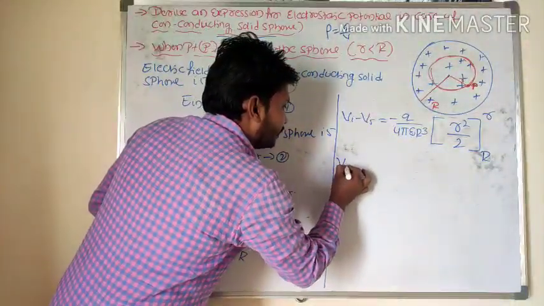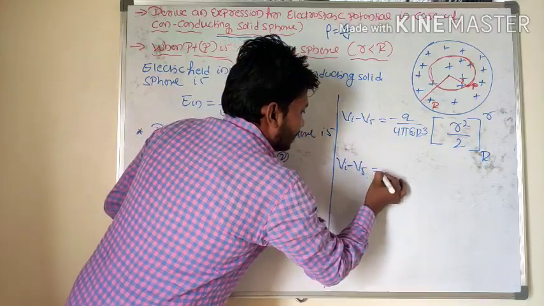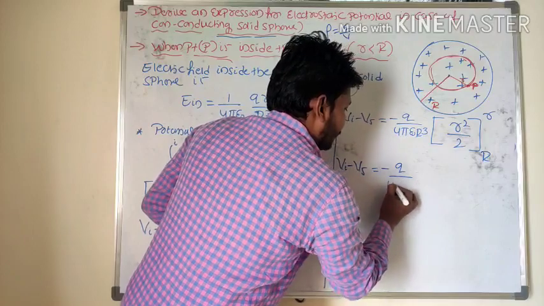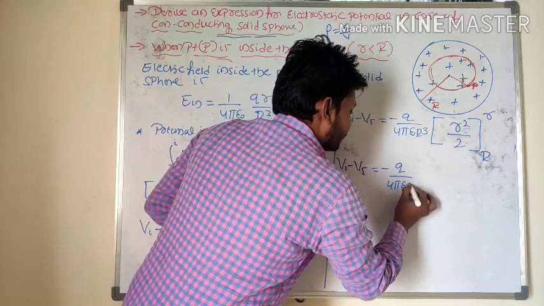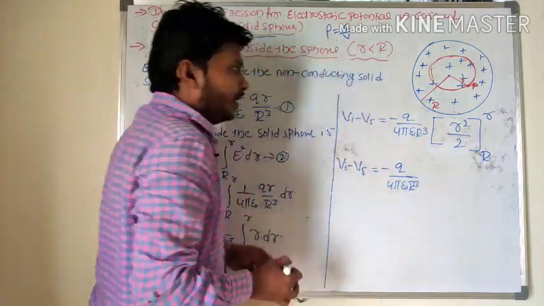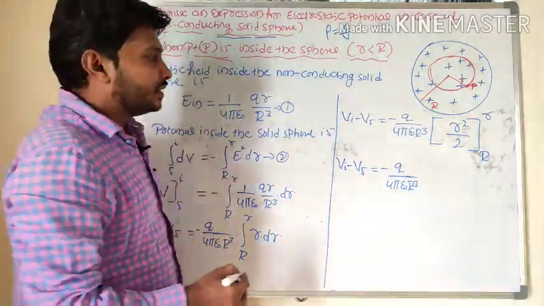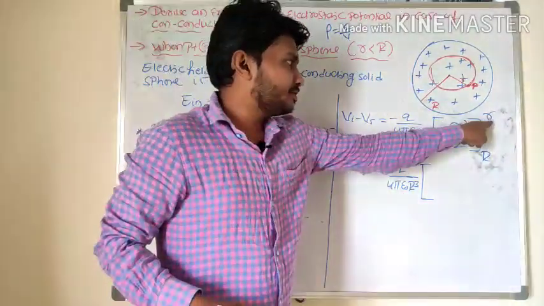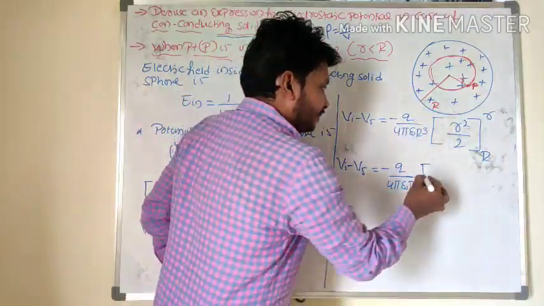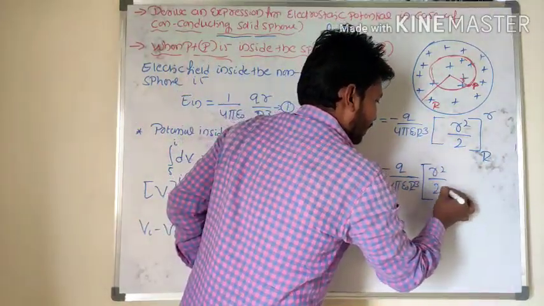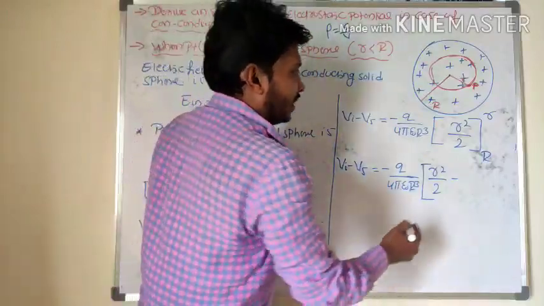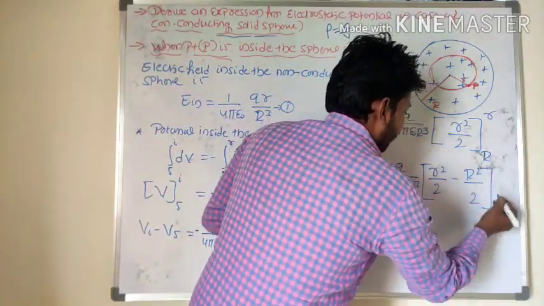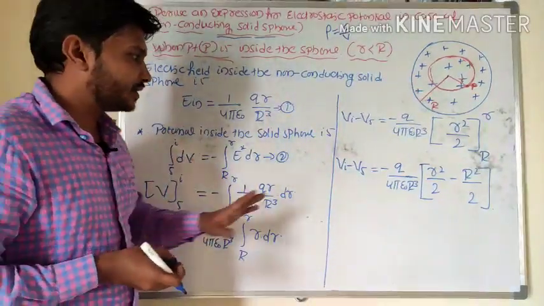So look at here, V inside minus V at the surface is equal to minus of q divided by 4 pi epsilon naught R cube. I will substitute the limits: upper limit, which is the smaller one, r square by 2, minus the lower limit, capital R square by 2. Hope you understand till now.